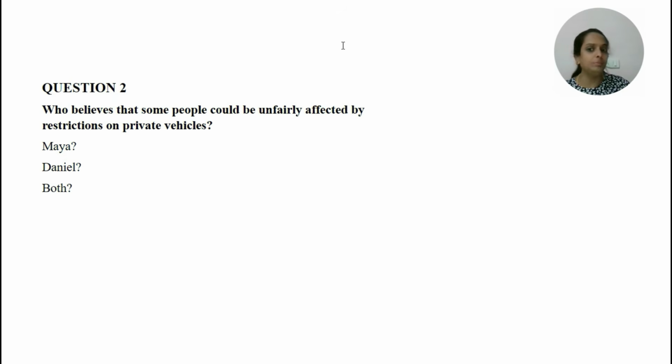Daniel talks about people outside city centers, unreliable public transportation, people who depend on cars, correct? So that is Daniel's concern. So the right answer is Daniel. And notice the passage may never use the exact phrase unfairly affected, but the meaning is there. This is where you have to stop being a word hunter and become an idea translator.